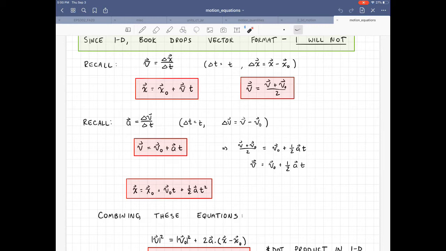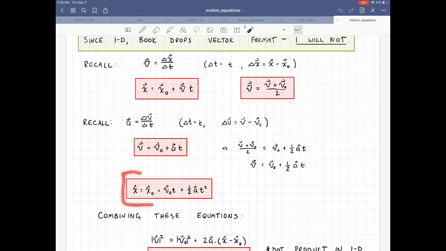Now, why did I want to do that? Well, I am going to take this and plug it back into the initial expression that I had written down for x. So I'm going to plug in the average velocity, and when I do that, I get this expression for the position. Again, it's an equivalent expression. It's just that now, rather than needing to know the average velocity, I need to know the initial velocity and the acceleration.